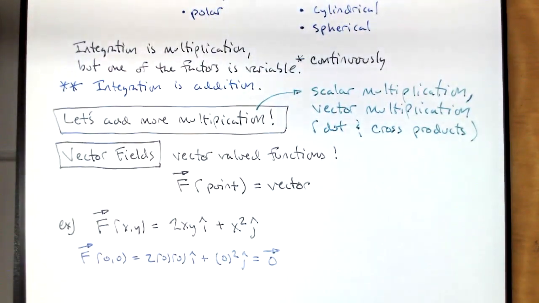So notice that if we have a vector function and we evaluate it at 0, 0, the origin, we end up with the 0 vector. Notice that when we plug in 0, 0, we're plugging in an entire point, an x and a y coordinate. And notice that the 0 we get is not just 0 the scalar, it's the 0 vector, because this function gives you vectors as outputs.